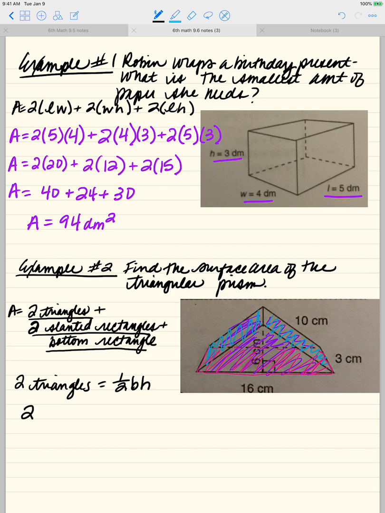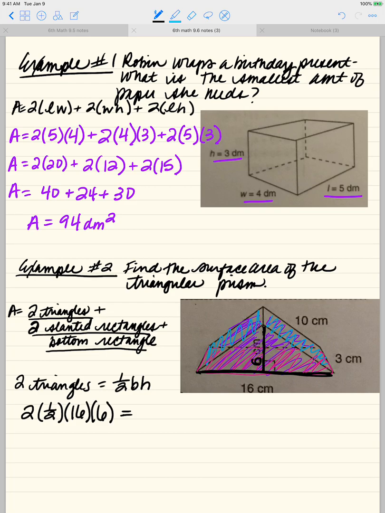So we have two triangles times 1/2, and the base is right here. The base is 16, and the height is right here, and that's 6. So 2 times 1/2 times 16 times 6, because we have two of those, okay?